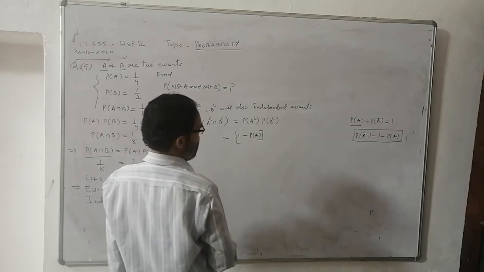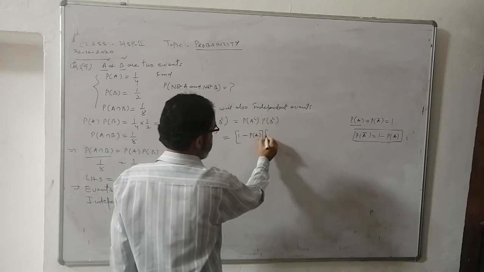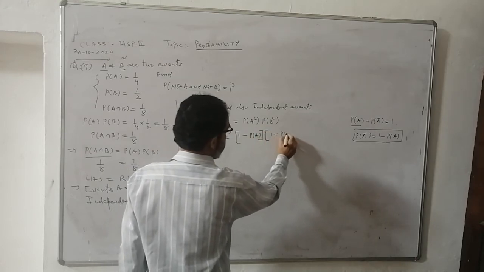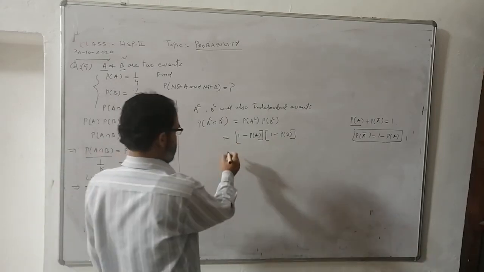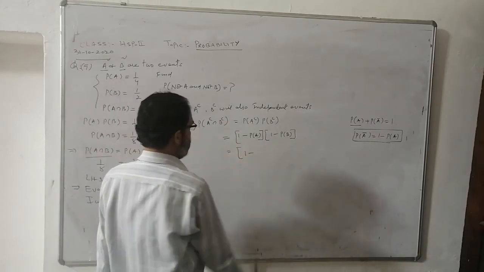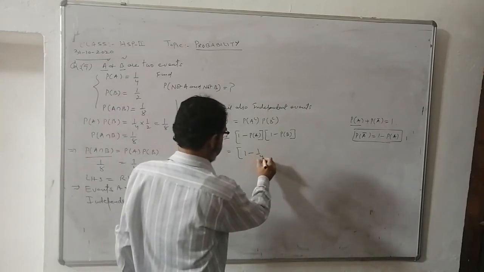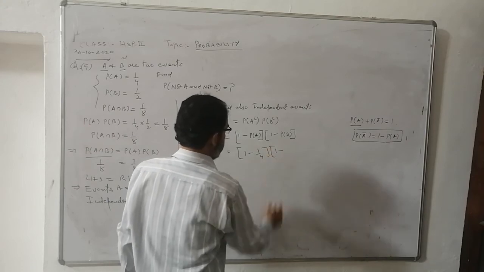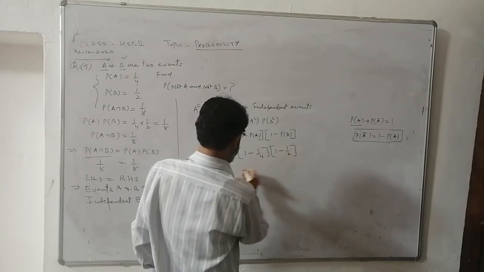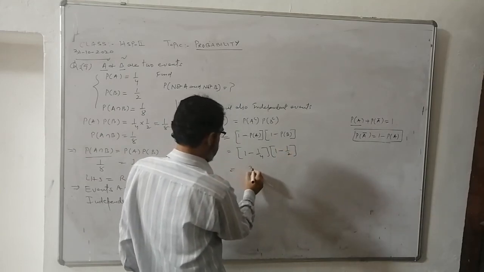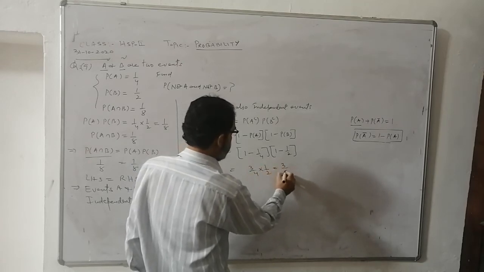So probability of A complement and B complement will equal 1 minus probability of A, into 1 minus probability of B. Using this formula, this will equal, probability of A is 1 upon 4, probability of B is 1 upon 2, so that is 3 upon 4 into 1 upon 2, that is 3 upon 8.